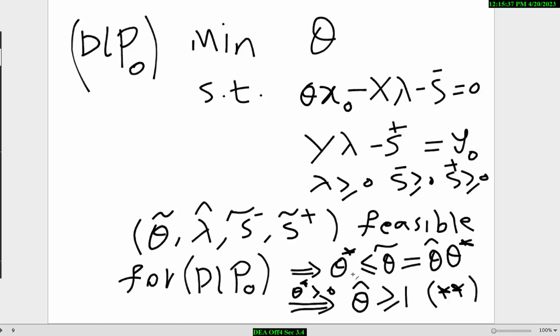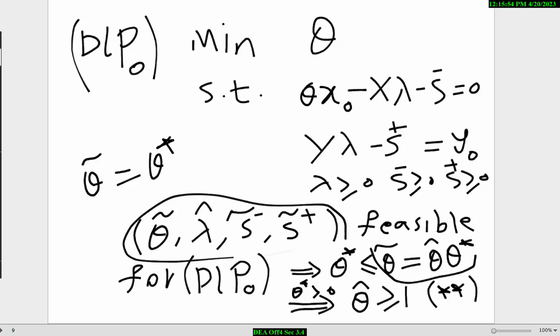So we have theta tilde is equal to theta star. This shows this is not only a feasible but also an optimal solution of this model.